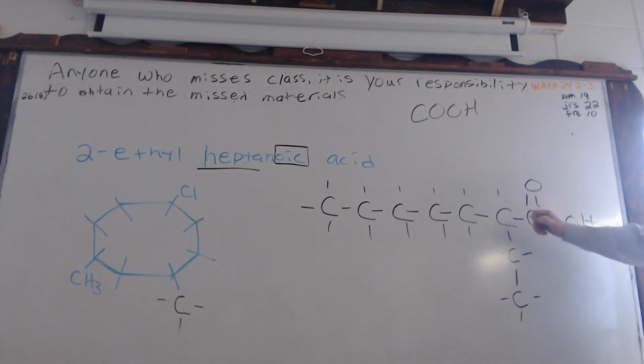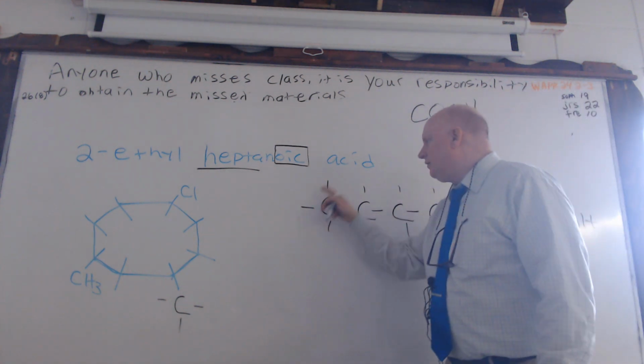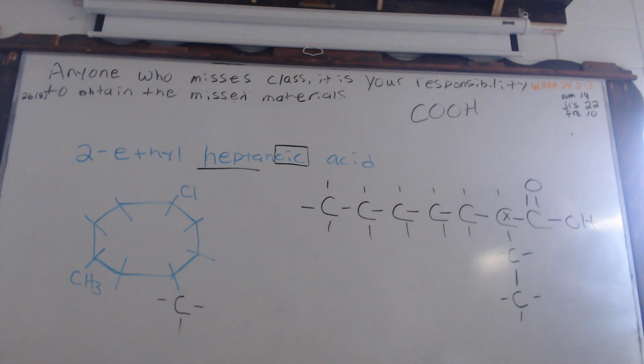Remember, this is a carbon-to-carbon bond. It's not a carbon-to-hydrogen bond. Because everything else where we see these dashes, what are these dashes telling you? That there's what type of atoms on? Those are all hydrogens.